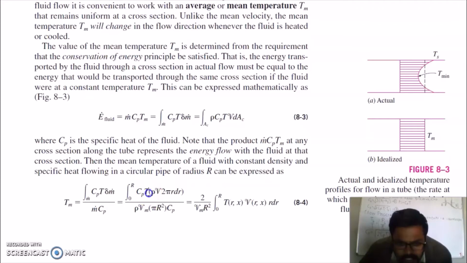We know this temperature is a function of r and x, and this velocity is also a function of r and x. So the rest of the terms will cancel out. You are left with this relation, integral 0 to R of T(r,x) V(r,x) r dr. So this is your mean temperature.